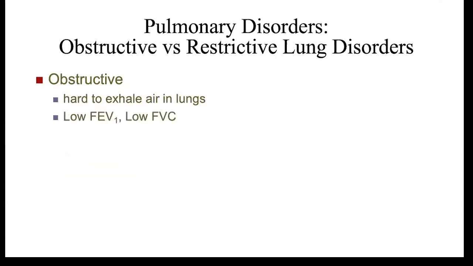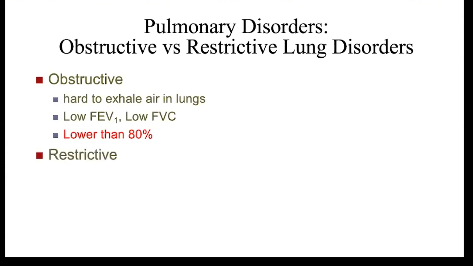In obstructive lung disorders, the patient will have a low FEV1 as well as a low FVC. The FVC for a young adult male will be around 4.8 liters, and a normal percentage will be about 80%. In this case, the percentage will be lower than 80%, typically around 40%.